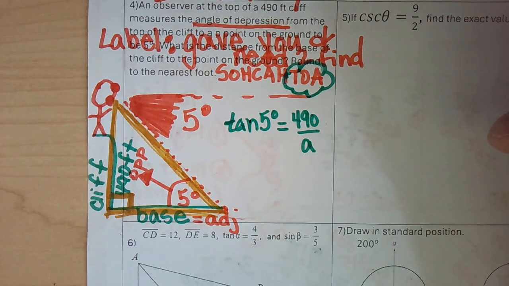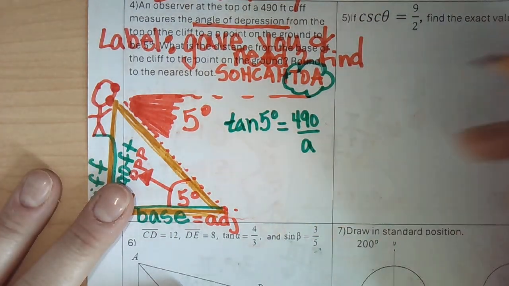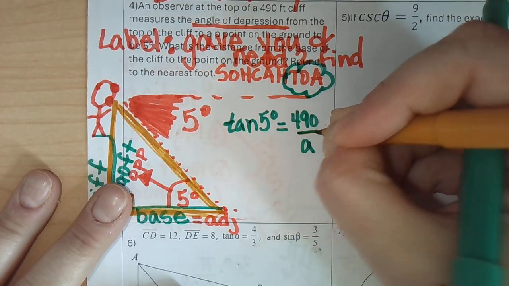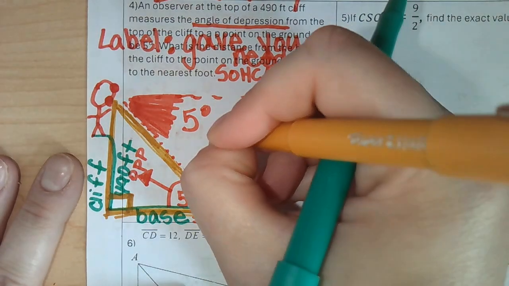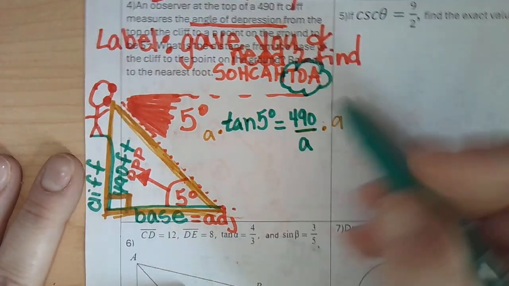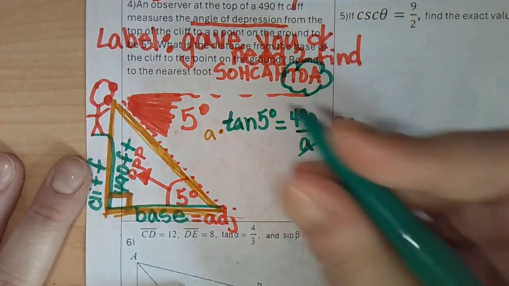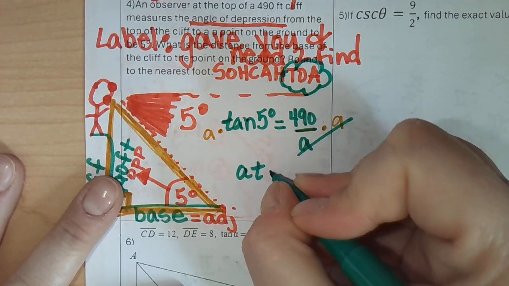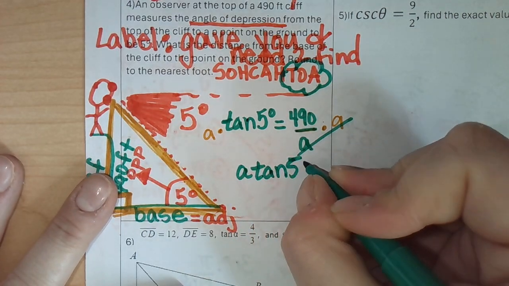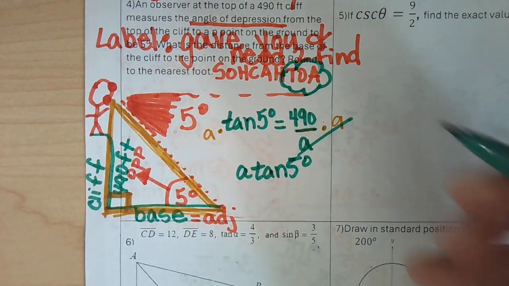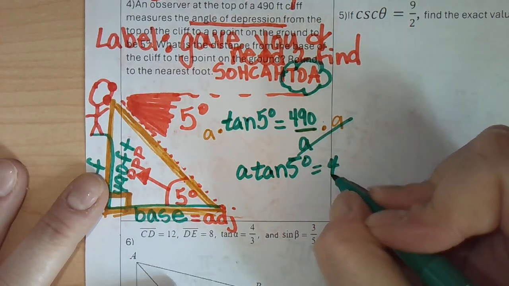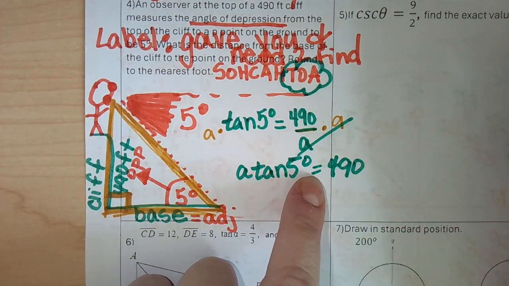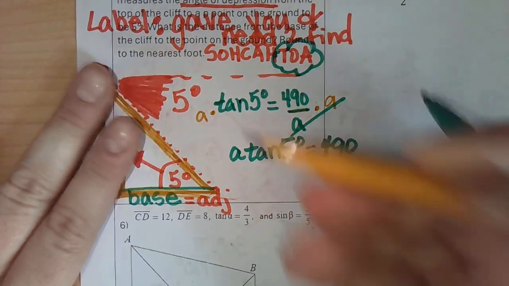It's supposed to be big fat A equals. So let's get it out of the bottom. The opposite of divide by A is multiply by A. And when you multiply it, it cancels on the right, and on the left, it gets squished up on that tan. So we have A tan 5 degrees equals 490.